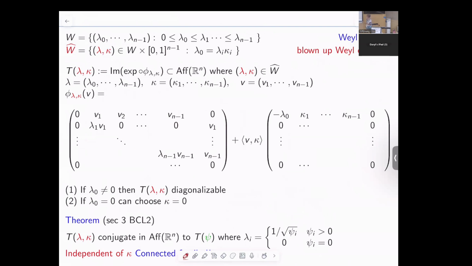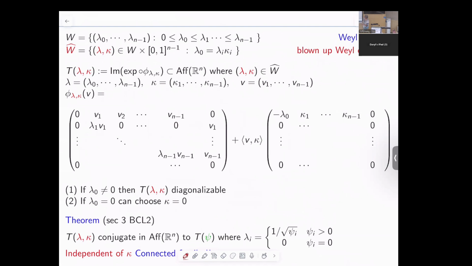So the deal is the following. For every point in the blown up Weyl chamber, I'm going to define a Lie group depending on the point in the blown up Weyl chamber. This is a Lie group of dimension n minus 1. These Lie groups are going to vary continuously in lambda and kappa.